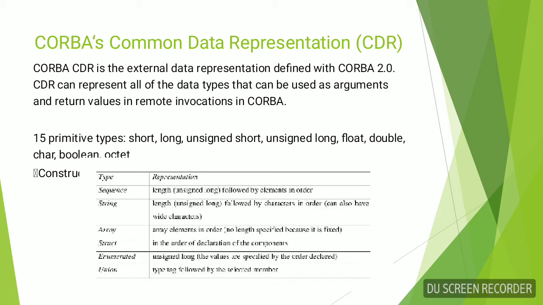The 15 primitive types that are used in CORBA's common data representation are short, long, unsigned long, float, double, character, boolean, octet, etc. The type and how it is represented in CORBA is given in the below table.